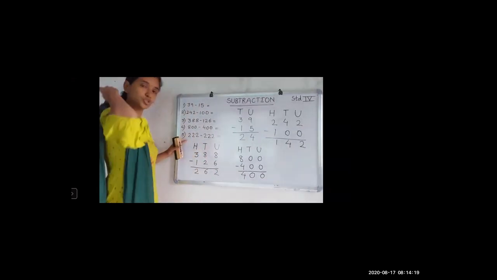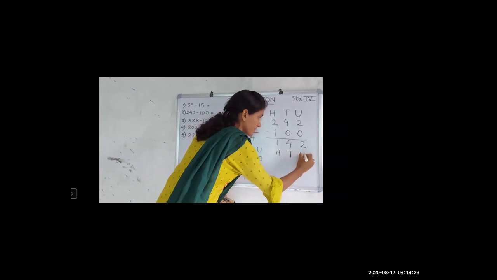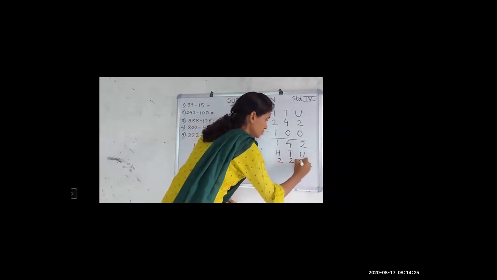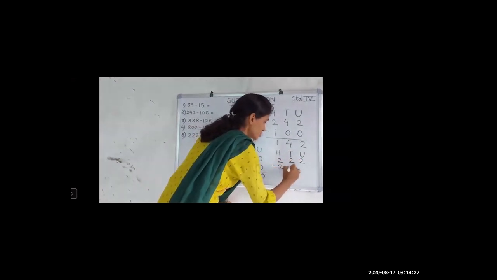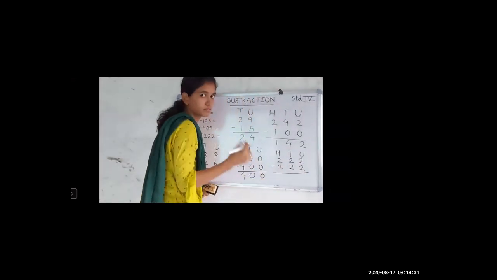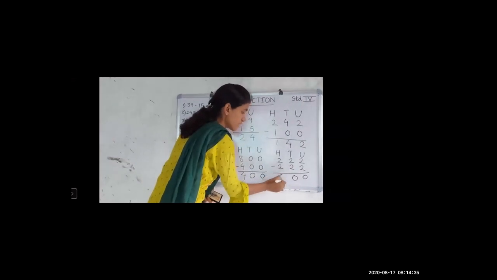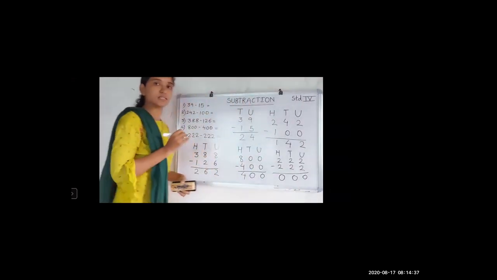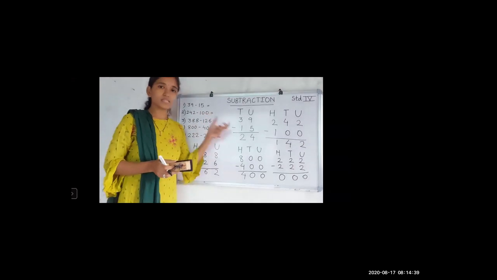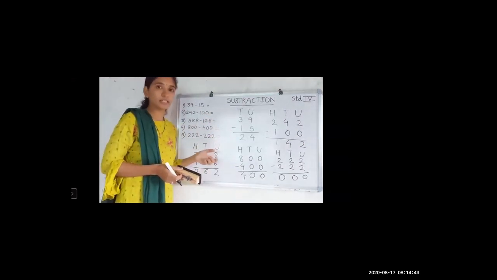Now last question, 222 minus 222. So 2 minus 2, 0. 2 minus 2, 0. And 2 minus 2 is again 0. So these were very simple subtraction questions that we have already learned in third standard.